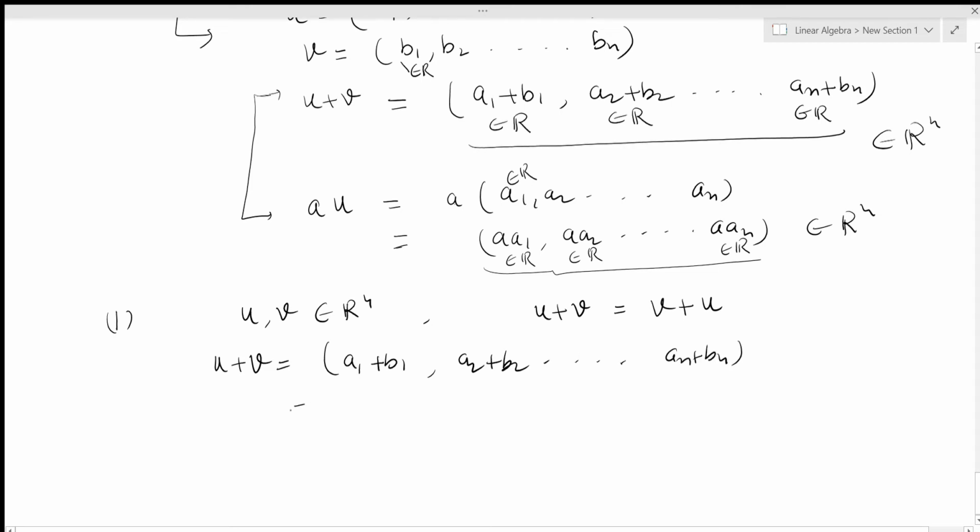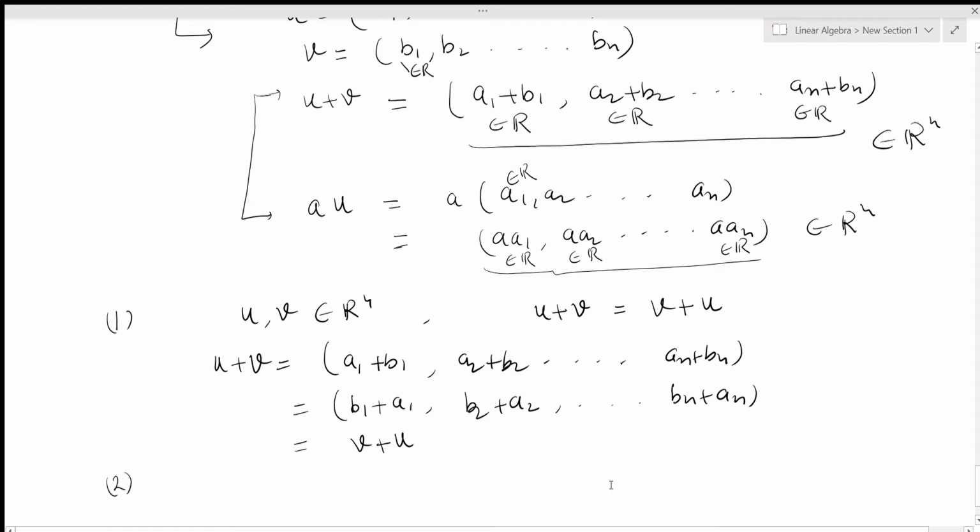Now as a1 and b1 belong to real numbers, we can write this as b1 plus a1, and this as b2 plus a2, and so on, bn plus an. So this is v plus u. So my first property is satisfied.